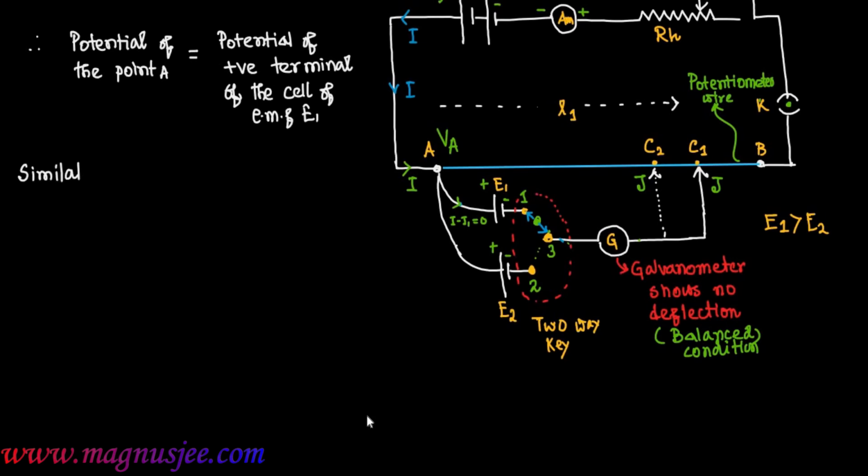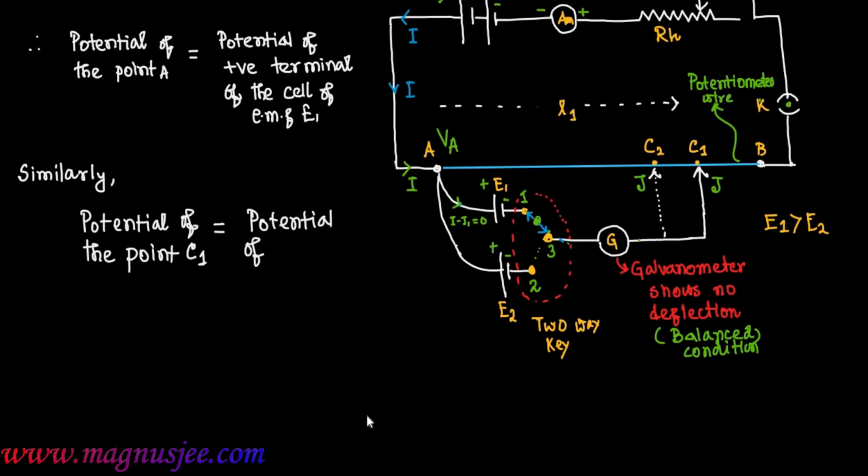Similarly, the potential of the point C1 is equal to the potential of the negative terminal of the cell of E.m.f. E1.